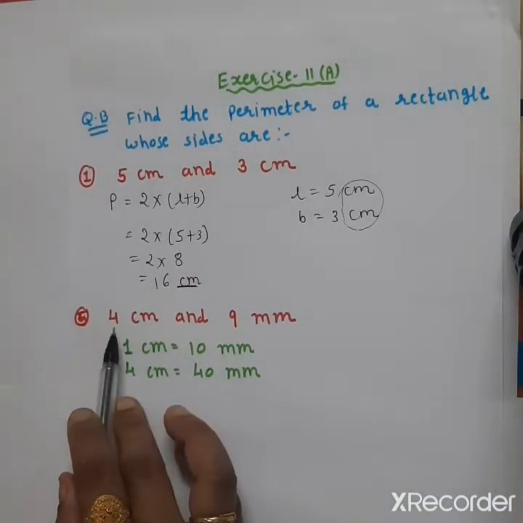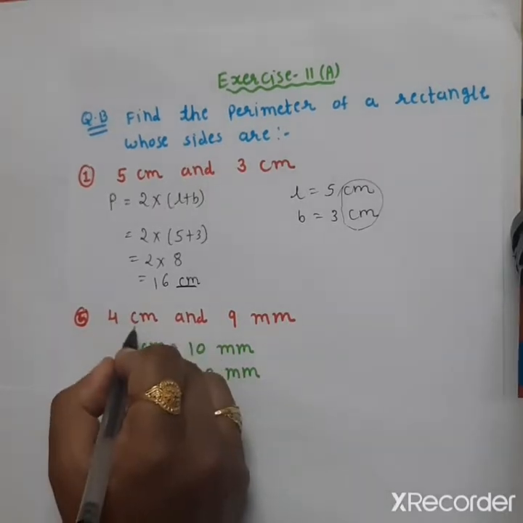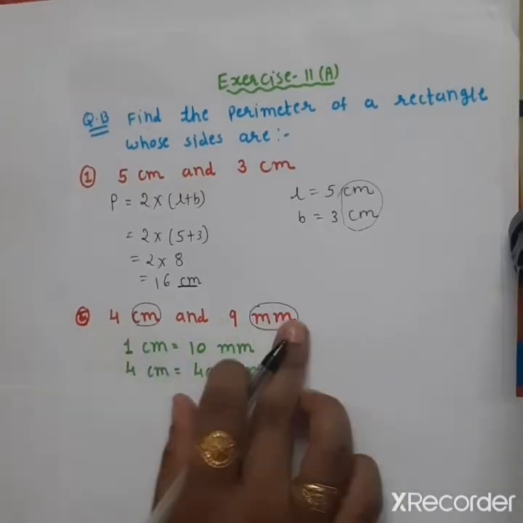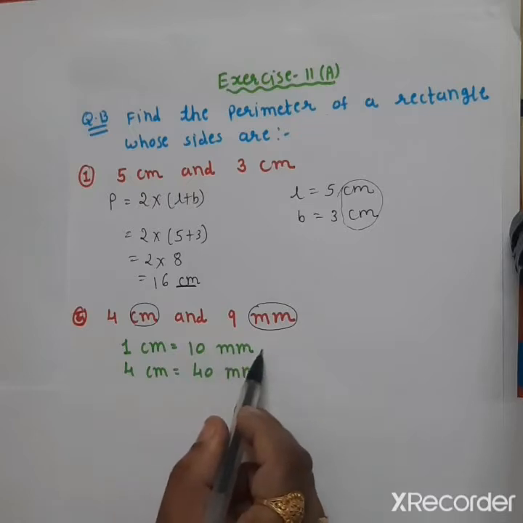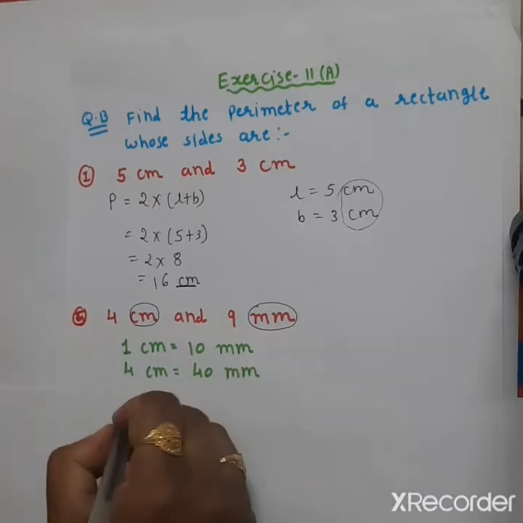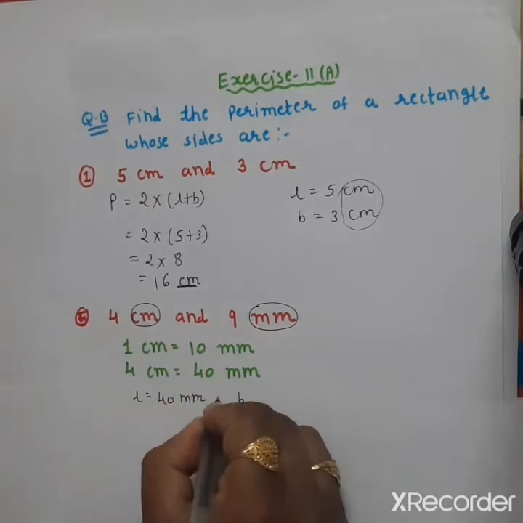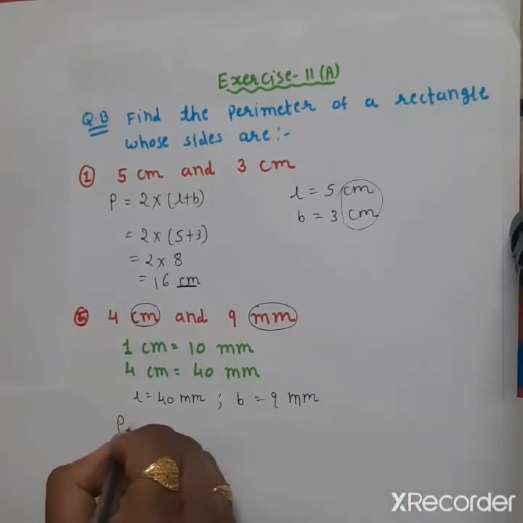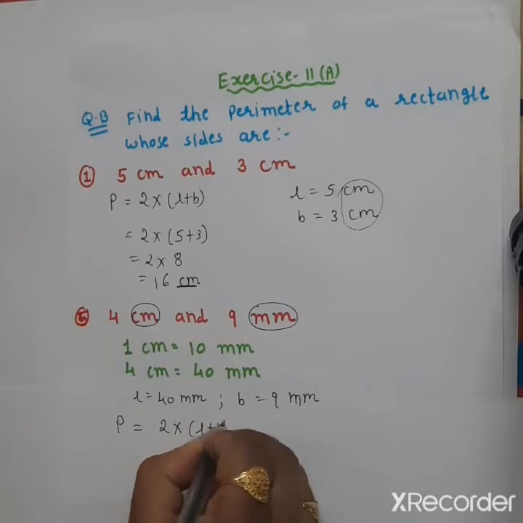Fifth one is 4 centimeter and 9 millimeter. Children, here we can see that the units are different. So, first step, we will make the units the same. We know that 1 centimeter is equal to 10 millimeter. So, 4 centimeter equals 40 millimeter. So, now my length is 40 millimeter and breadth is 9 millimeter. To find the perimeter of a rectangle, the formula is 2 into (length plus breadth).